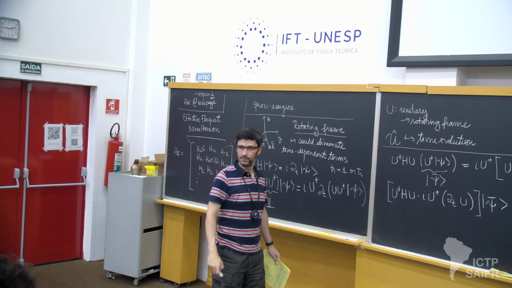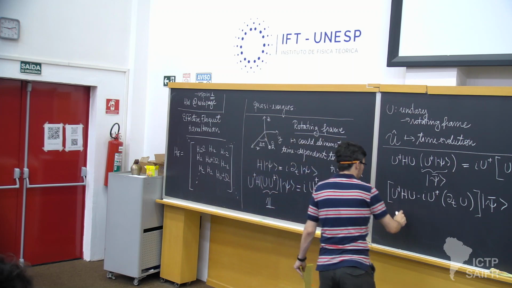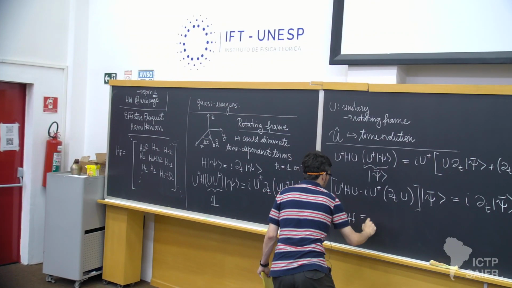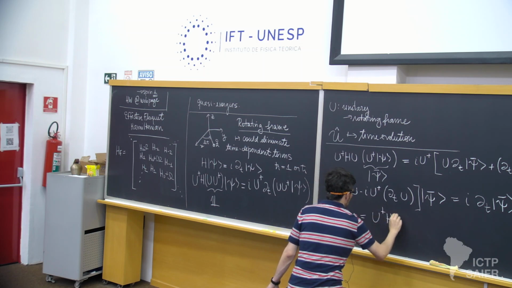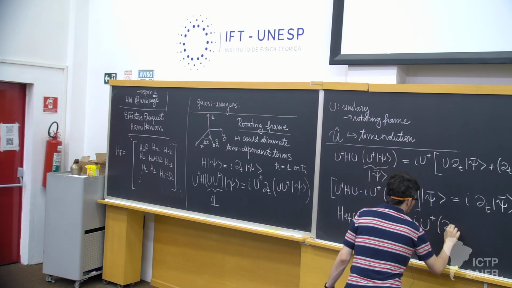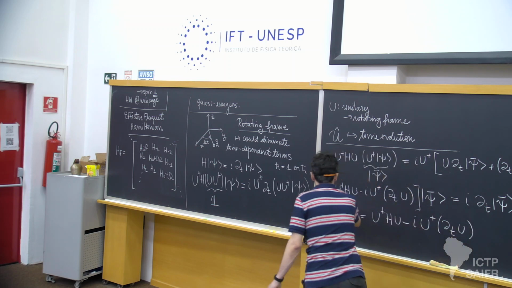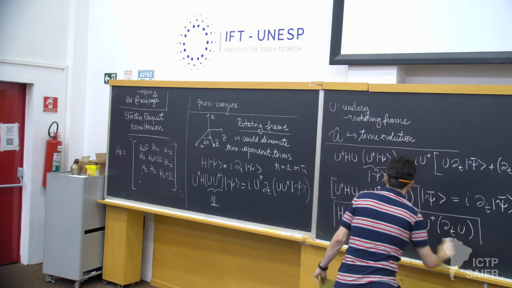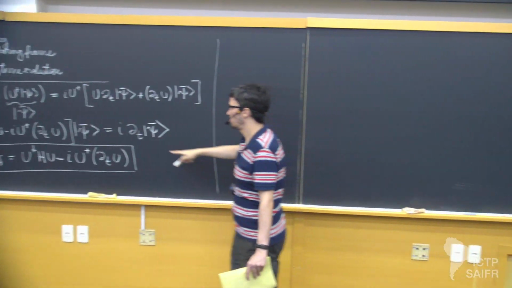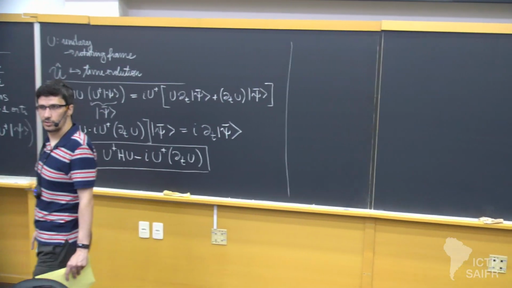And this is an effective Hamiltonian. So I'll define an effective Hamiltonian in this rotating frame as U dagger HU minus I U dagger dt of U. This effective Hamiltonian follows Schrödinger's equation.